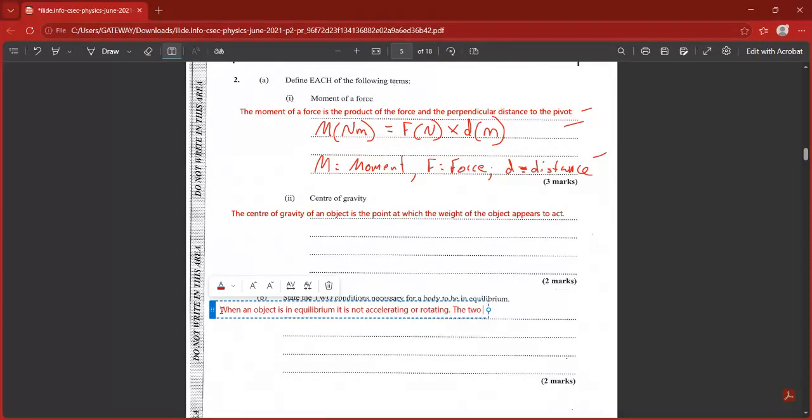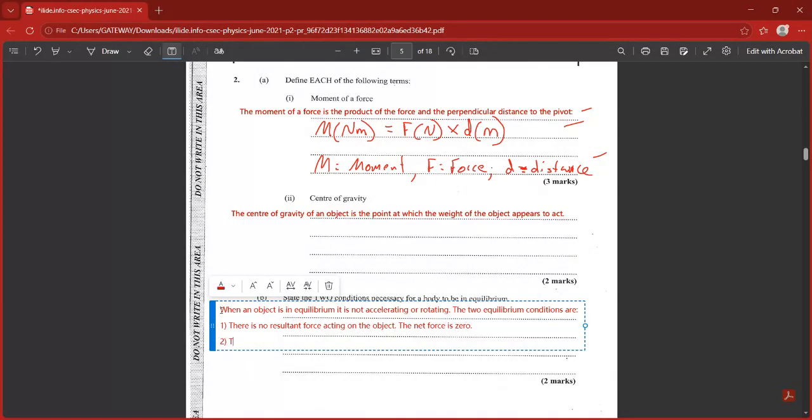The two equilibrium conditions are, the first one, there is no resultant force acting on the object, or the net force is zero.